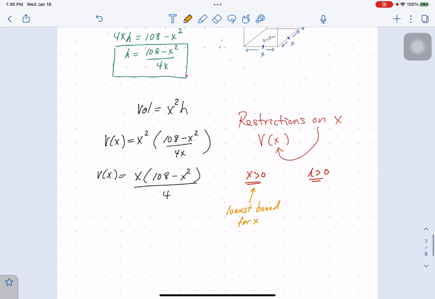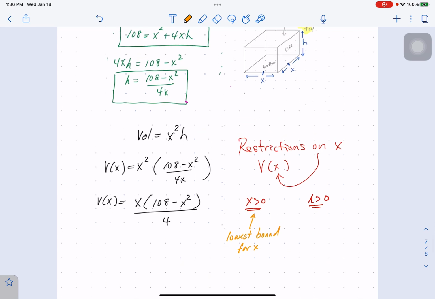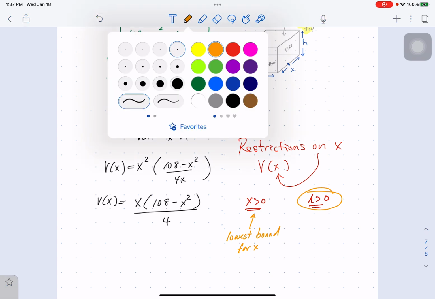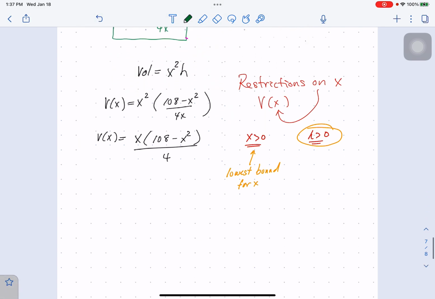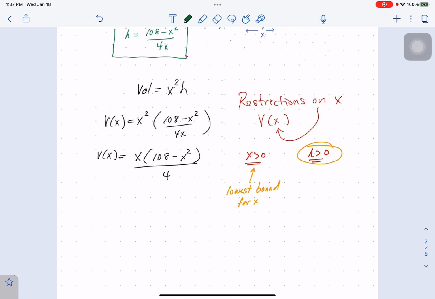What we need now is an upper bound. Is there a highest value of X that it can be? And it turns out that I think there is. I think there's going to be a highest value, and it's going to come from understanding H also needs to be greater than 0. So I'm going to use our isolated value for H, which says that H is equal to 108 minus x squared over 4x.